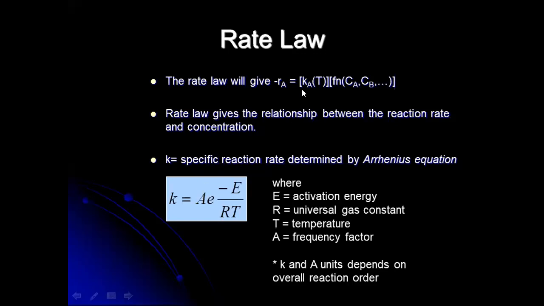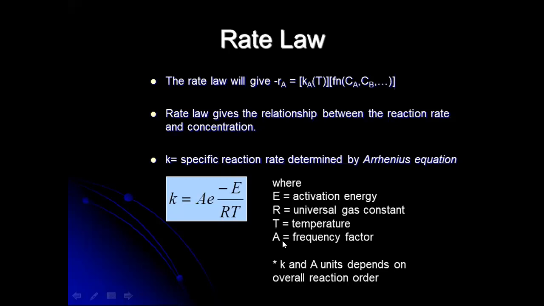This K that you see here in your rate law is actually solved using this formula, A e raised to negative E over RT, where this exponential function has the argument negative E over RT. E being the activation energy of the reaction, R the universal gas constant, the T written as capital is your absolute temperature, and A is your frequency factor.